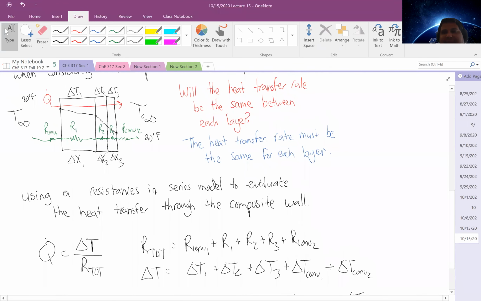And 2, it allows you to keep in mind that if the heat transfer is going from the inside to the outside, the rate has to be the same, right? Think of it in terms of an energy balance. If the heat transfer is going from inside to outside, anything that is passed through, let's say, layer 2, has to have come from layer 1. If this doesn't hold, then you have an accumulation of heat somewhere, and your system's not going to be at steady state.